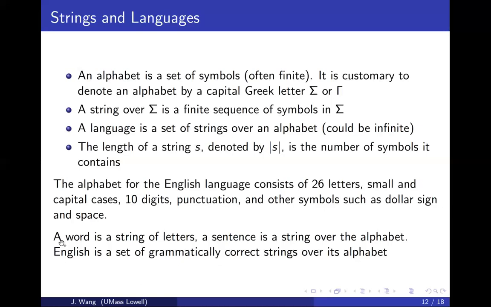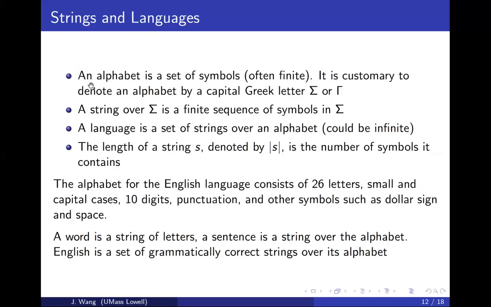A word, in English, is a string of letters. A sentence is a string over the alphabet, including space. And English is a set of grammatically correct strings over its alphabet. So this is an example of a language.